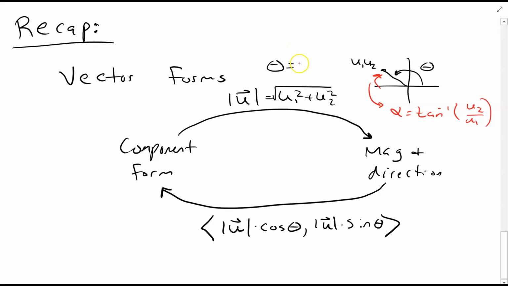So I'll write that as k times 180 plus or minus alpha.